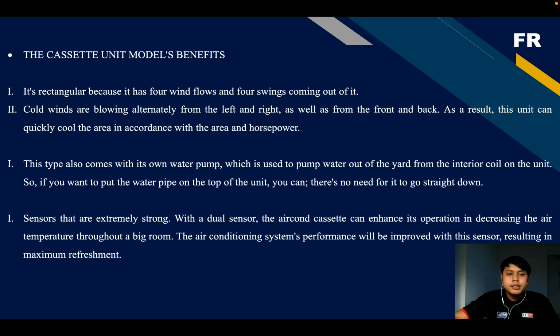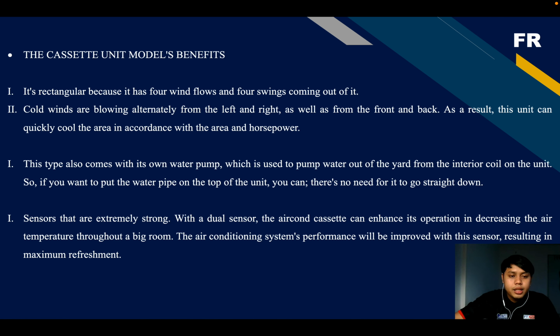For the next slide is about the cassette unit model benefit. First, it's rectangular because it has 4 way flow and 4 swing coming out of it. Second, cool winds are blowing alternately from the left and right, as well as from the front and back. As a result, this unit can quickly cool the area in accordance with the area and horsepower.